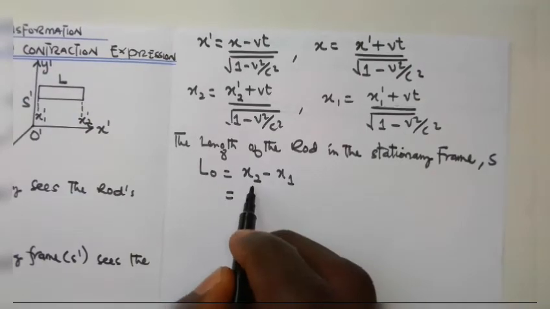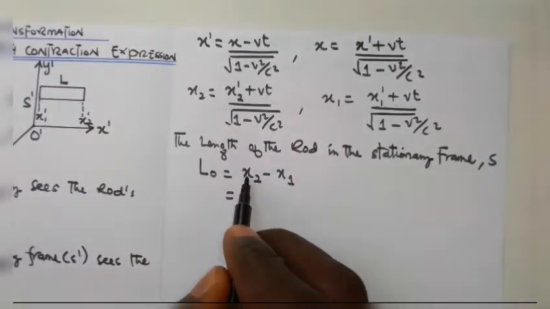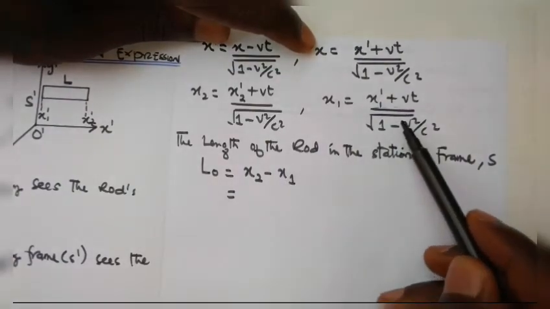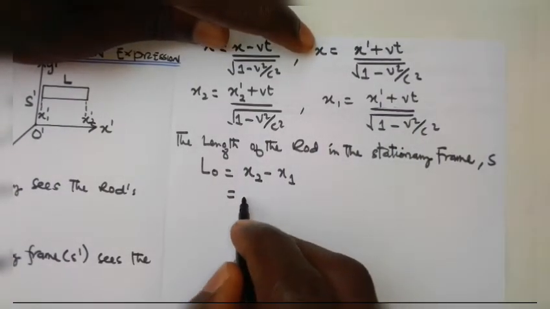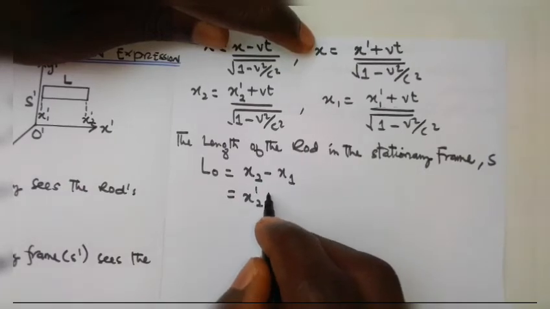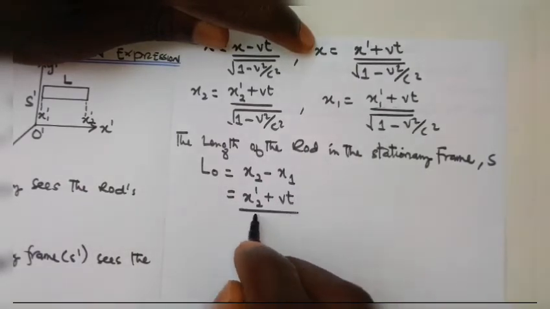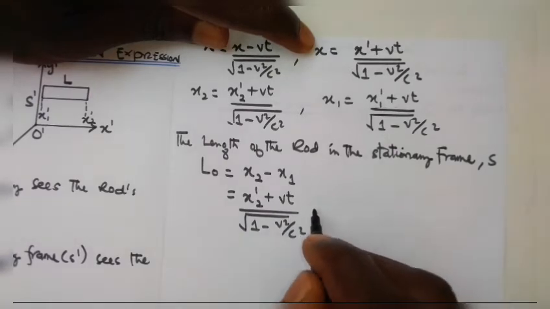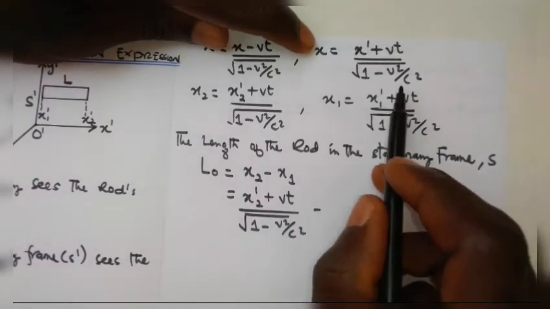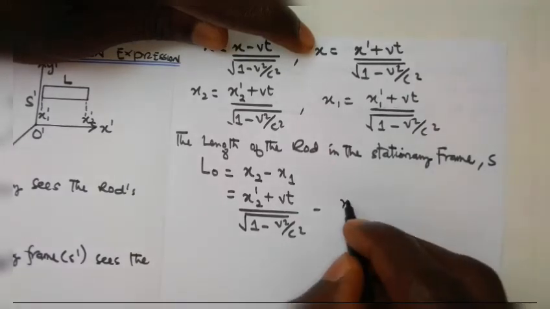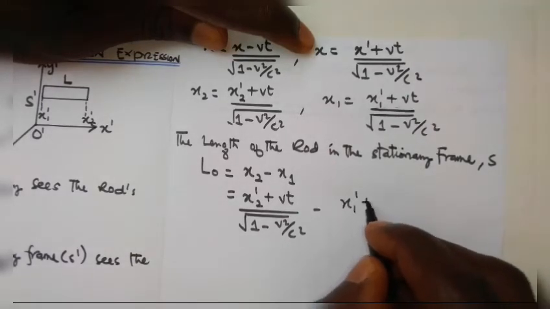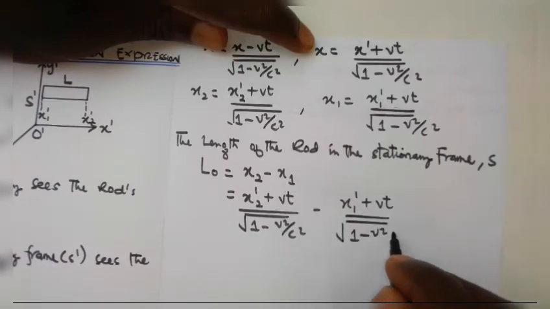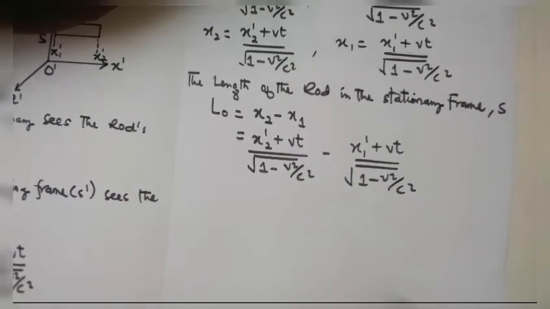So if I substitute the formula for x2 which we found in this place and the formula for x1 which we got in this place, that's going to be x2 prime plus vt over the square root of 1 minus v squared over c squared, minus x1, which is this formula you see here, so x1 prime plus vt over the square root of 1 minus v squared over c squared.